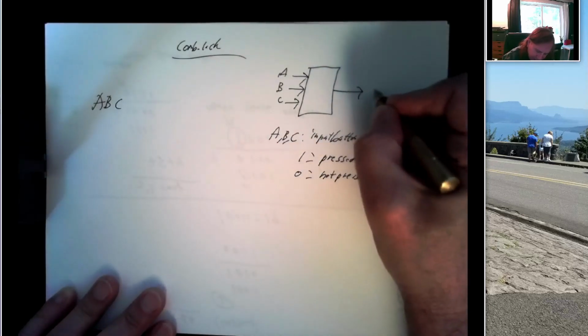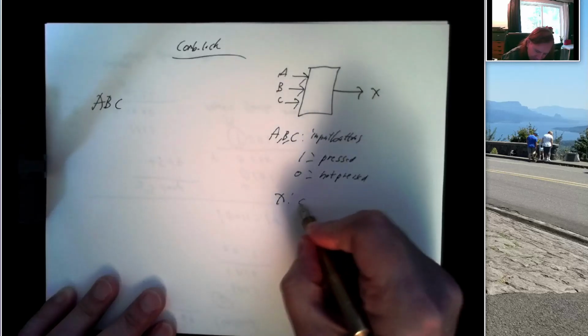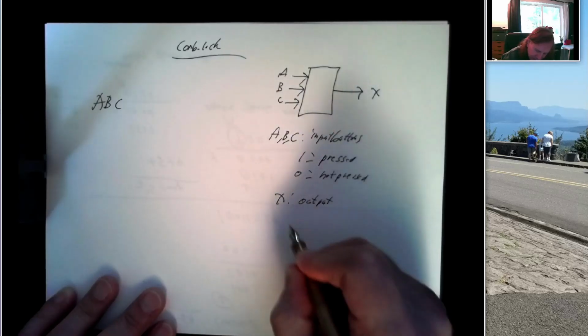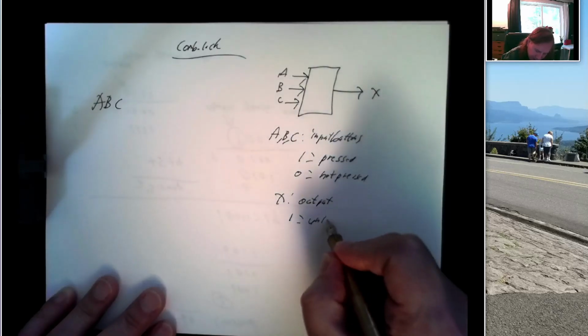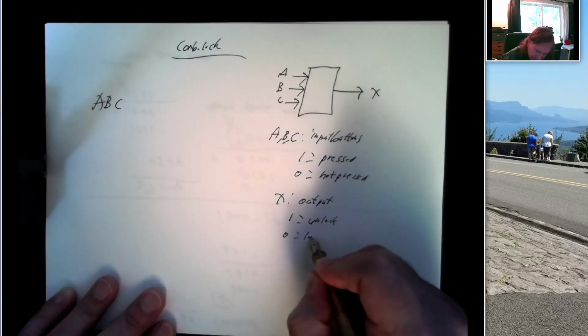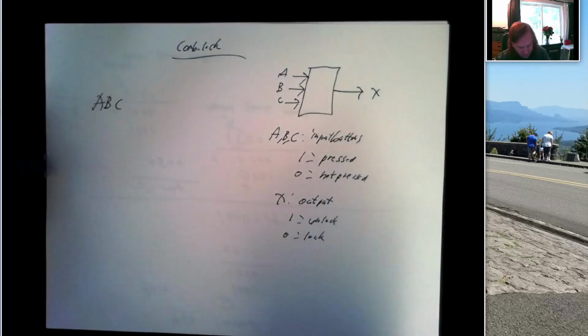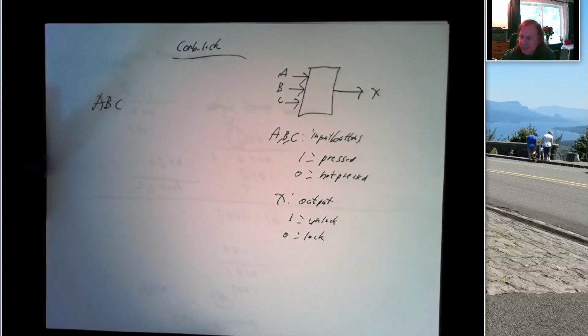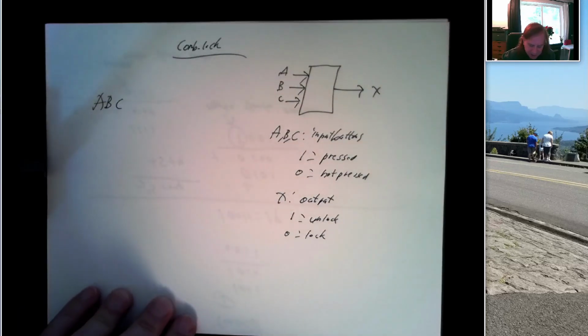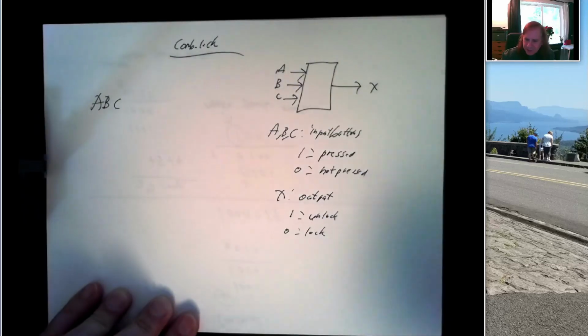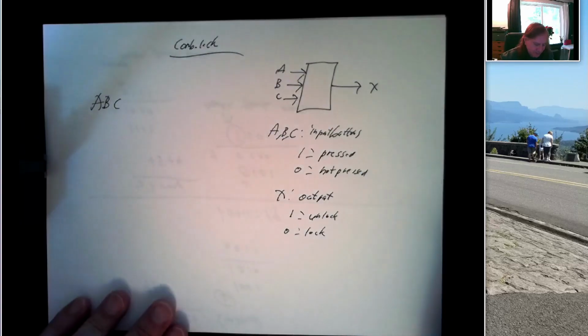And I'm going to have a single output, X. 1 means unlock. 0 means lock. So, maybe this is how we get into our Tesla or something. We have 3 buttons on the side, and if you press the right set of buttons, this circuit will generate a 1, unlocks the door, and you can climb inside.